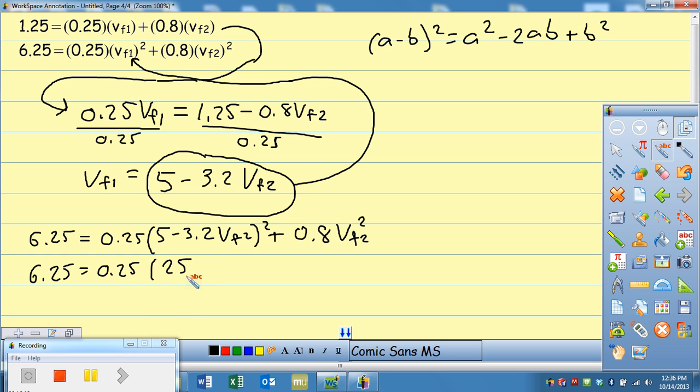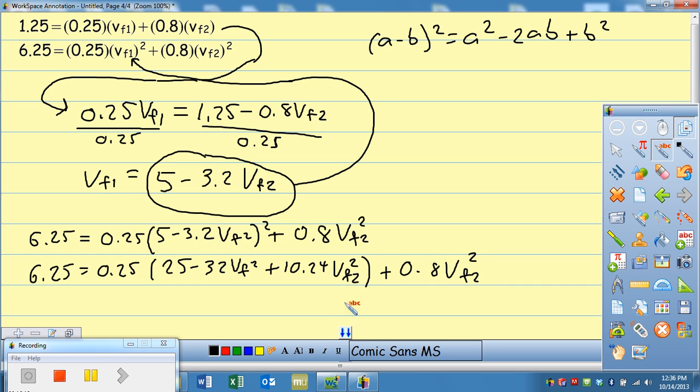Now, minus, we've got 5 times 3.2 times 2, that's going to be minus 32 VF2 plus 3.2 squared, 10.24 VF2 squared plus 0.8 VF2 squared. This is crazy.